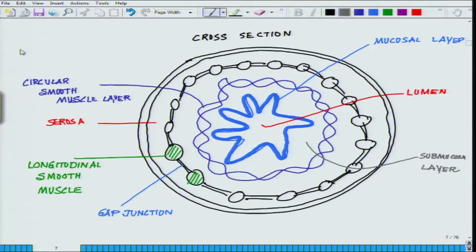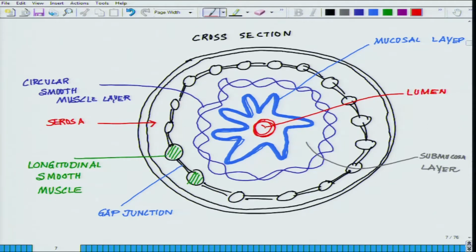So, if you look at it, you have the outermost covering, then you have the serosal layer which is here. Then you have the longitudinal smooth muscle layer, which is the next layer, it has gap junctions in it. Then you have the next layer, which is the circular smooth muscle layer, and then you have the mucosal layer, and of course, in the center, the lumen through which the bolus passes.